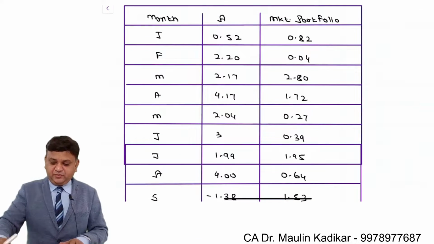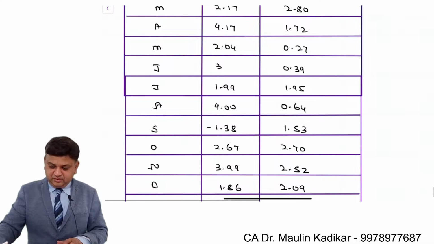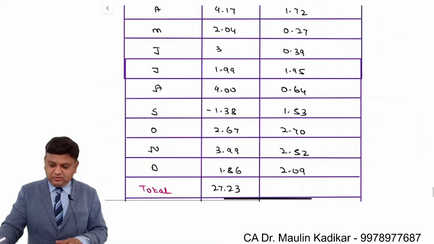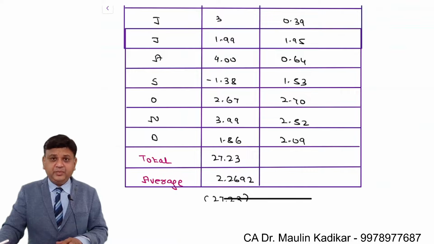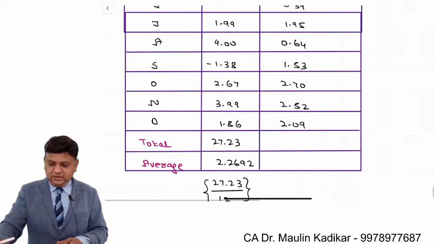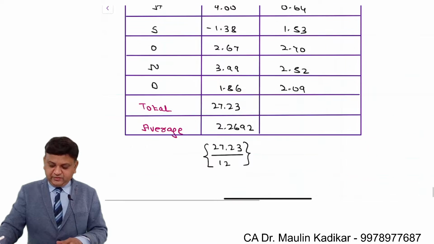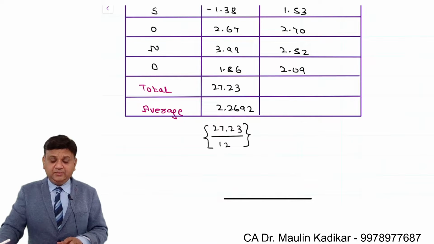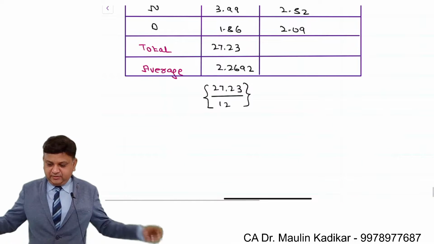Let us see for the market portfolio: 0.82 plus 0.04 plus 2.8 plus 1.72 plus 0.27 plus 0.39 plus 1.95 plus 0.64 plus 1.53 plus 2.7 plus 2.52 plus 2.09.